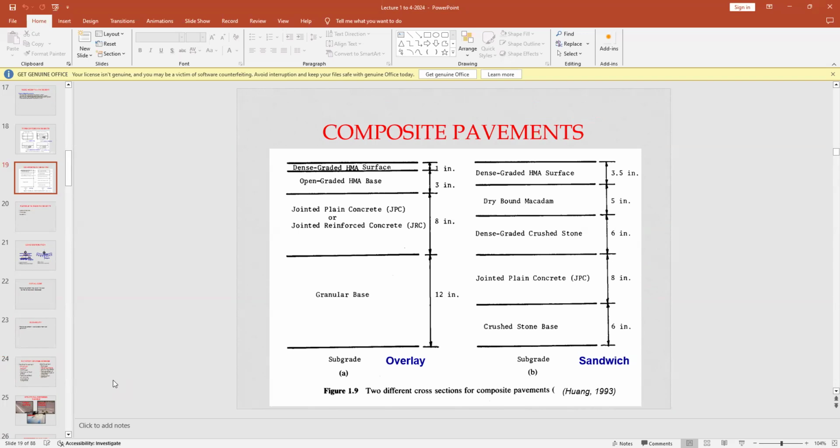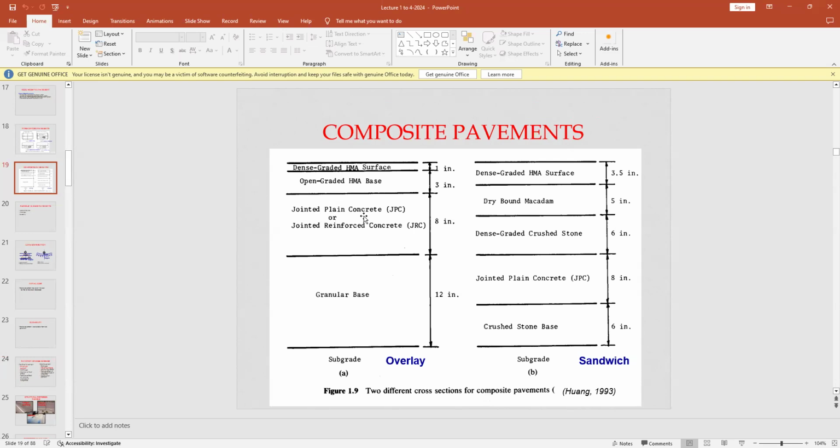In a composite pavement, we have a dense graded hot mix asphalt surface. Then we have an open graded HMA base. We call this an asphaltic base as well. And they are actually surfaced on an already jointed plain concrete pavement.